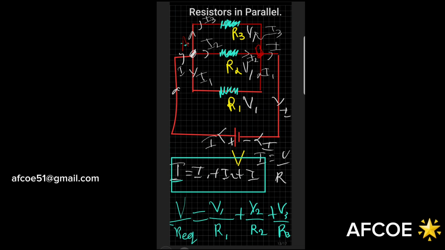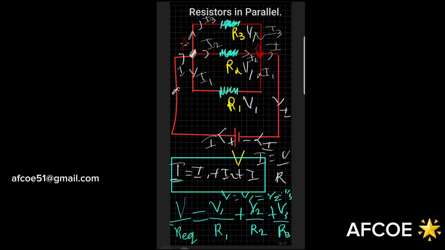I've summed all the currents, and what you have to know again is that the same voltage is across all of these resistors. If the voltage is 220 volts, then the voltage will be the same across all of them. So it implies V equals V1 equals V2 equals V3.